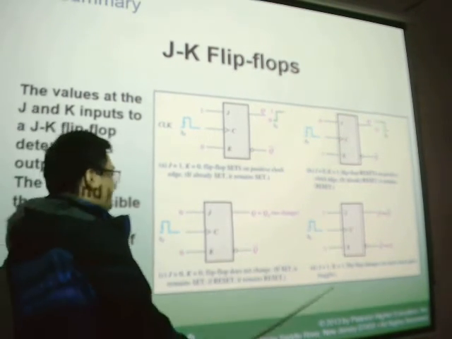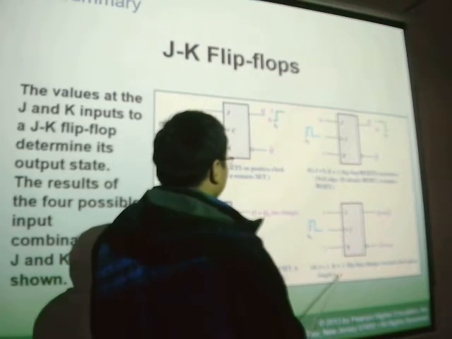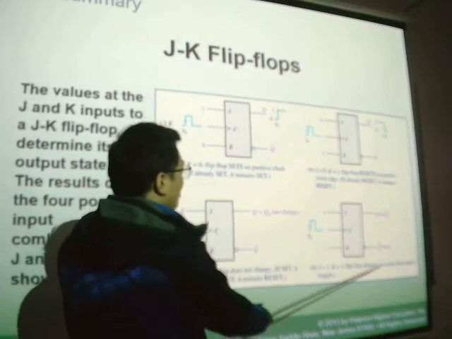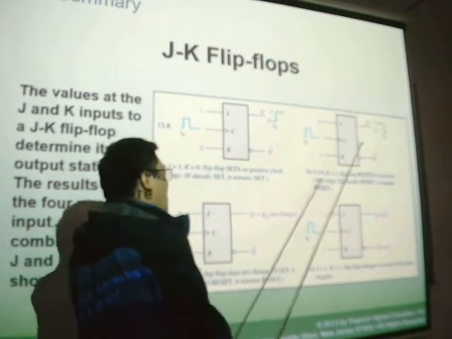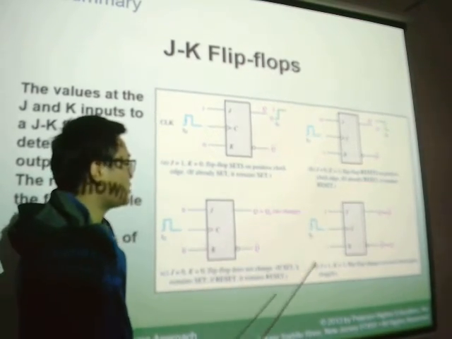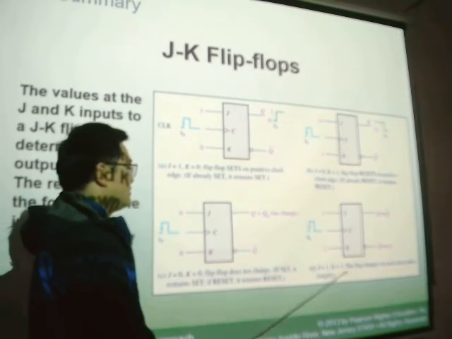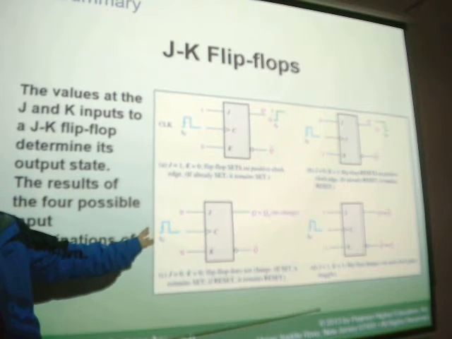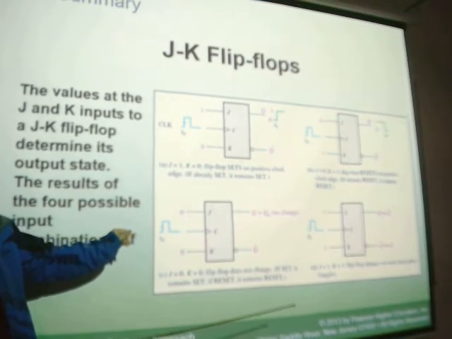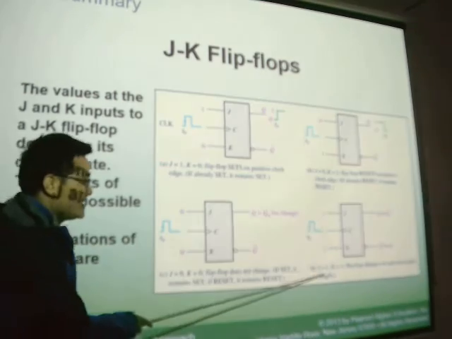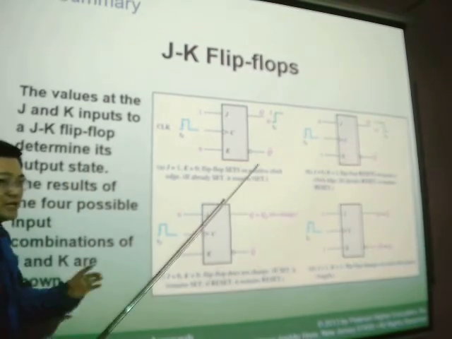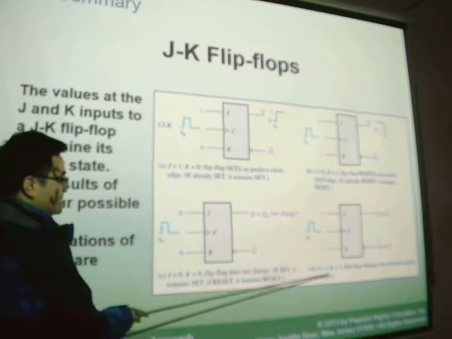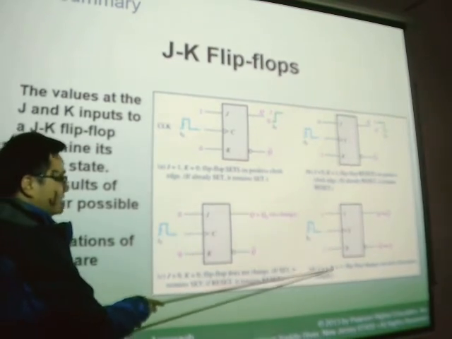If J equals 1 and K equals 1, the flip-flop changes on each clock pulse. Toggle. It is different from the SR latch, because in the SR latch that combination is not permitted. Here the combination J equals 1 and K equals 1 is permitted.